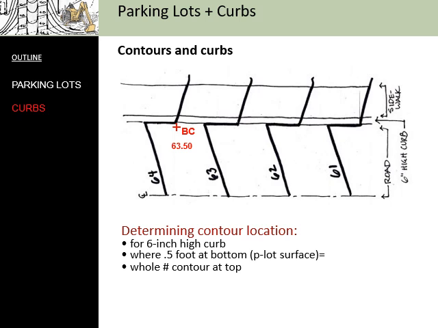So what that means is the bottom of curb that we have located in this drawing is going to be halfway between the 63 contour and the 64 contour. And if that bottom of curb is halfway between, and you know it is a 6-inch curb, then you know the elevation at the top of the curb at that same point is going to be 64.